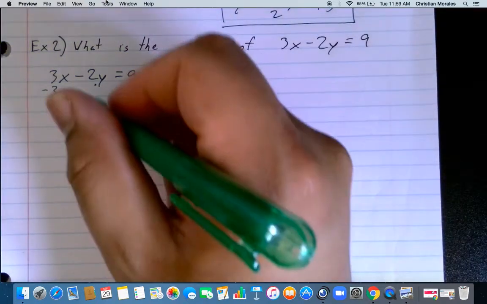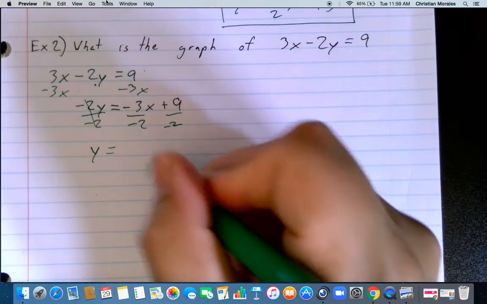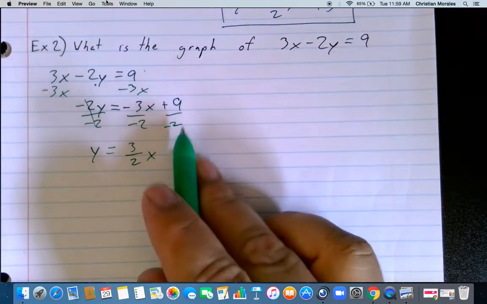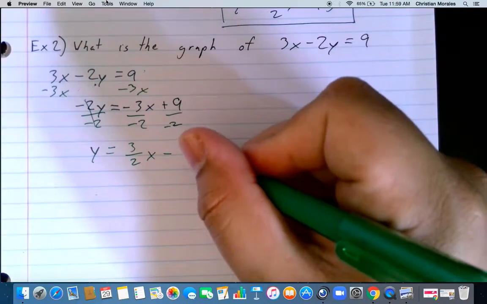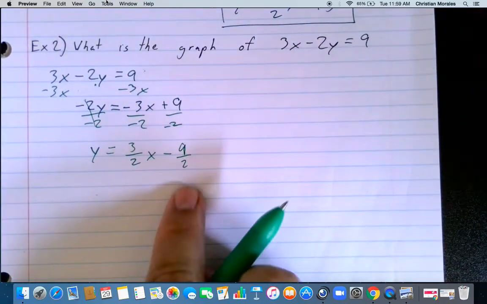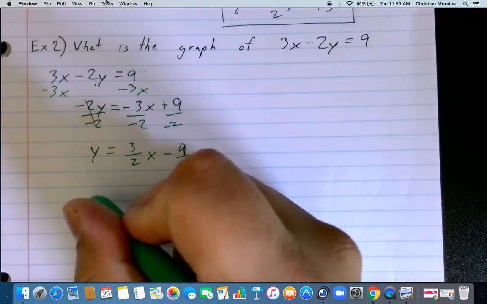So this cancels out. This becomes a positive. And this becomes -9/2.